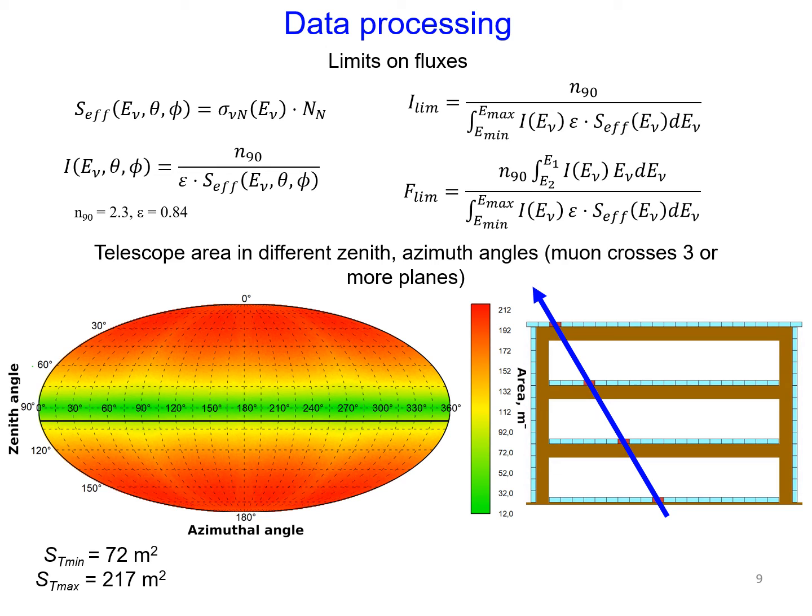On the right picture we can see the example of the event when we see muon from the lower hemisphere, and when this muon crosses 4 horizontal planes. The minimum area for the telescope is 72 square meters and the maximum area is 217 square meters.